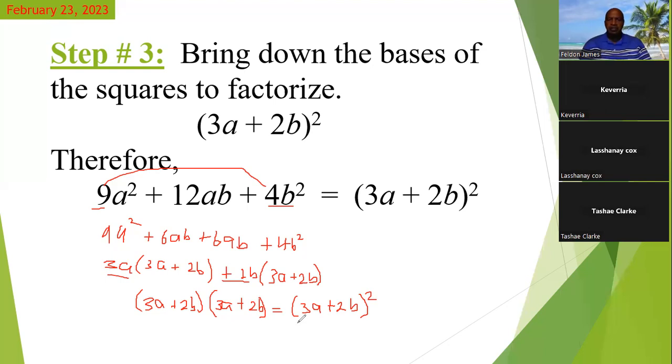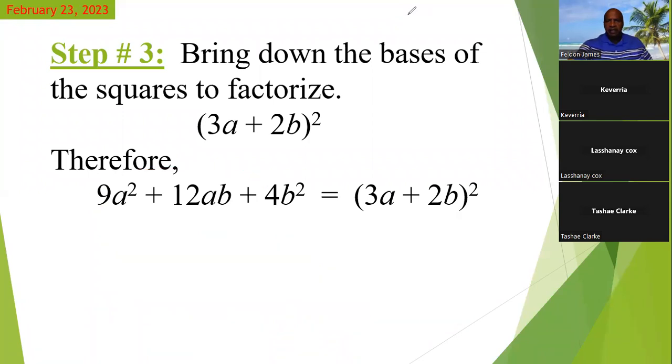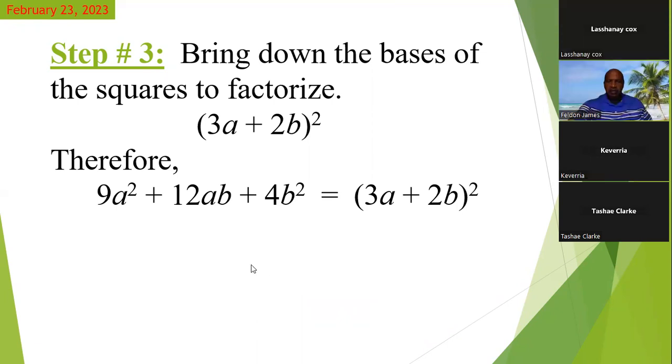So instead of going through this long process for a perfect square, we just identify the properties, bring down the base of the square in brackets, and then square outside. All right, so everybody get the idea? Let me see your hands if you all get the idea why we are using the shortcut method.